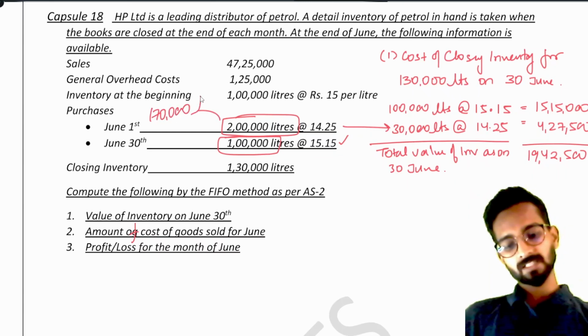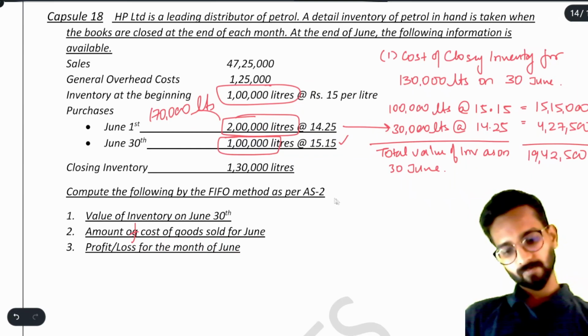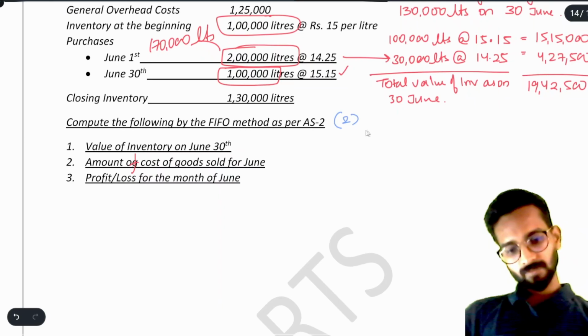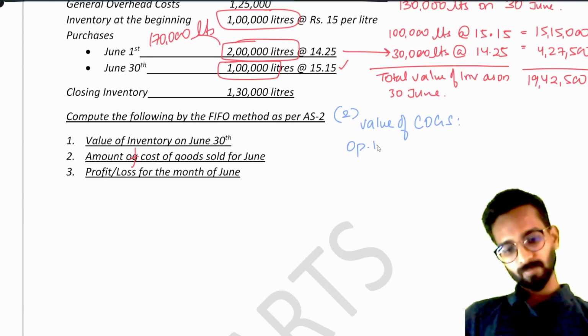We have sold 1,70,000 liters, and we have also sold our opening stock of 1 lakh liters. So you can write here value of cost of goods sold will be opening inventory completely we have sold.